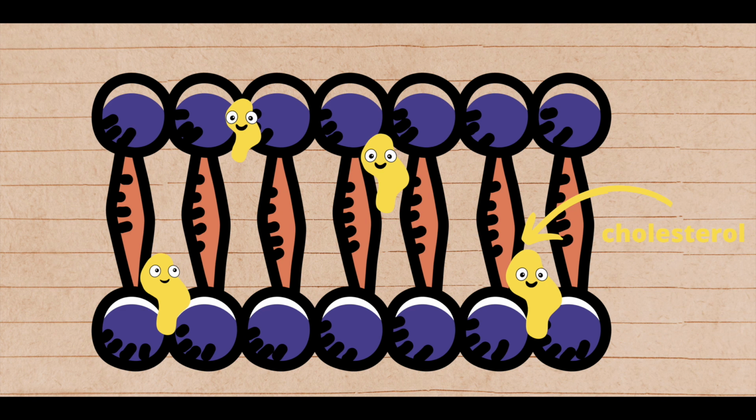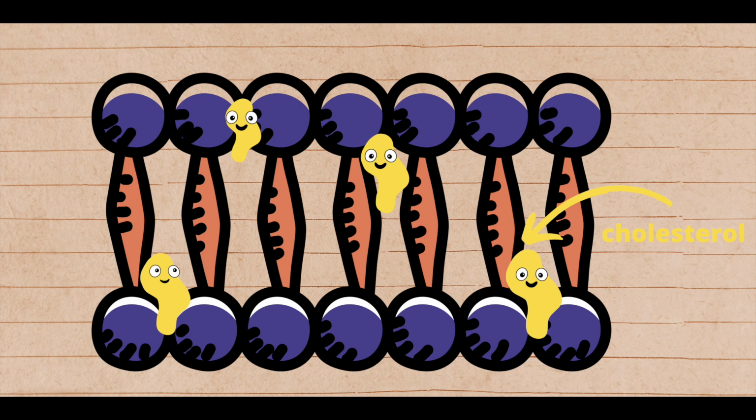Now, this can be harmful if the gaps are way too large between these phospholipids because it will be harder for the cell membrane to control what comes in and out of the cell. In contrast, if there is very little space between these phospholipids, then it will be harder for bigger molecules to get in and out of the cell membrane. So having too much space or too little space is both harmful to the cell.